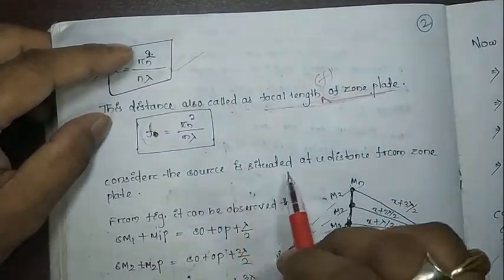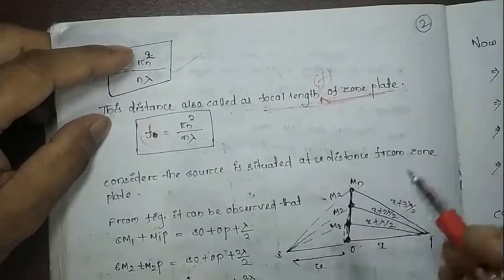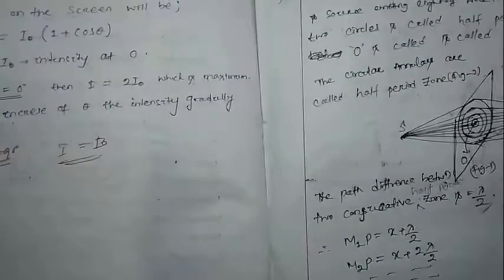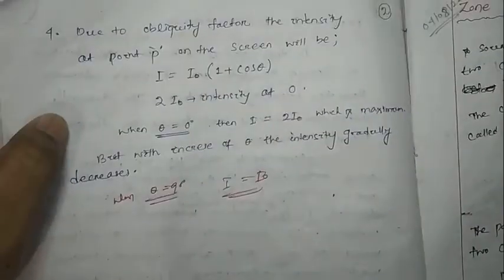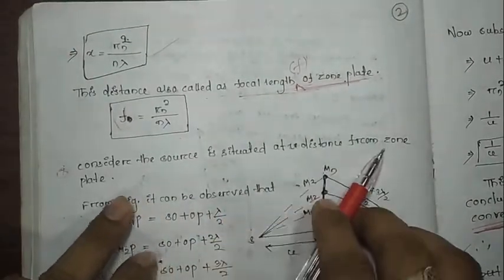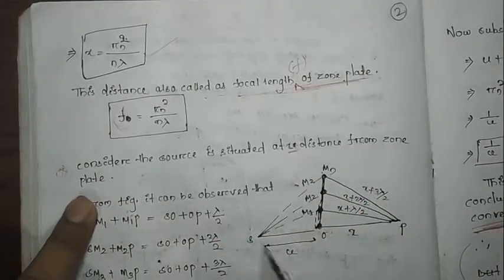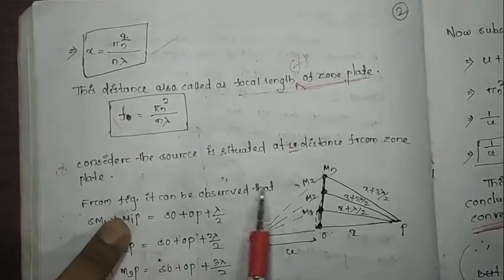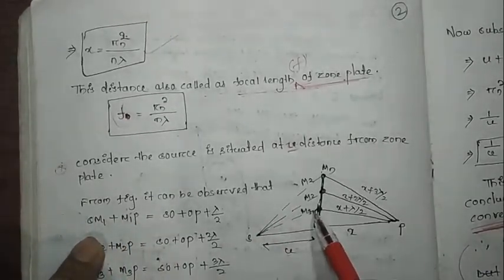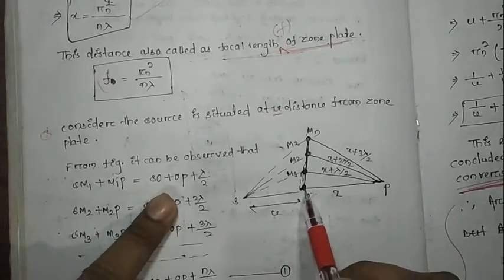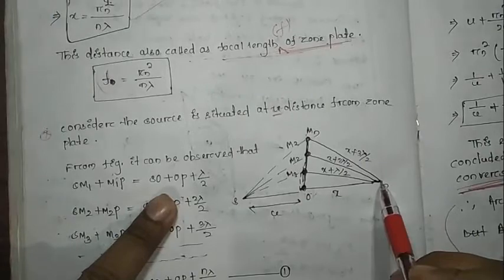Now consider the source is situated at a distance u from the zone plate. To prove that the zone plate acts as a convex lens, here is the derivation. Consider the source is situated at the distance u from the zone plate, like this. From this figure it can be observed that SM1 plus M1P is equal to SO plus OP plus lambda by 2.